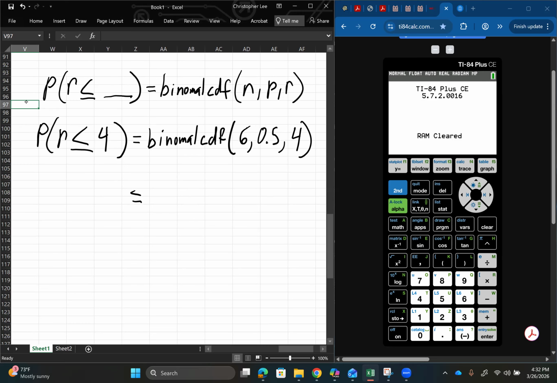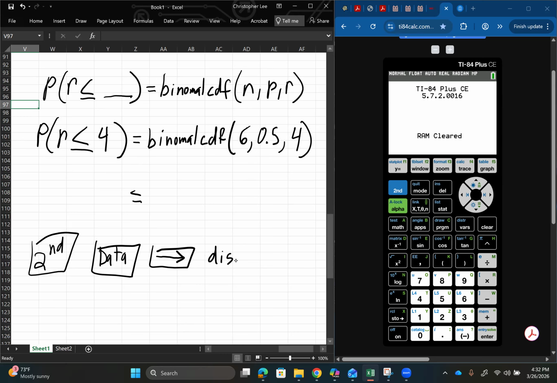So if you're using the 36X Pro, the first thing you got to do, you got to hit second, and then you got to hit the data button. And then you want to go across to where it says distribution, DISTR.